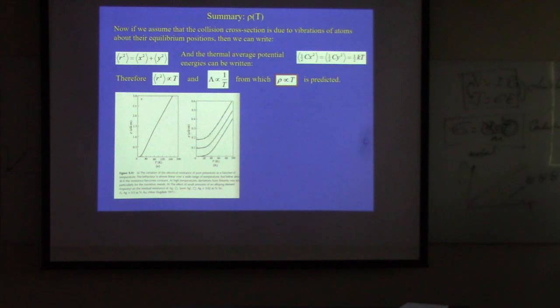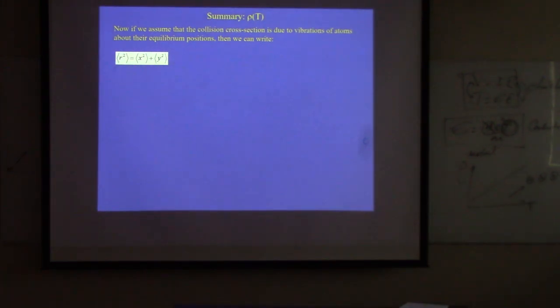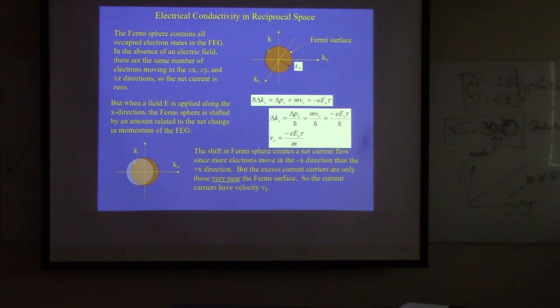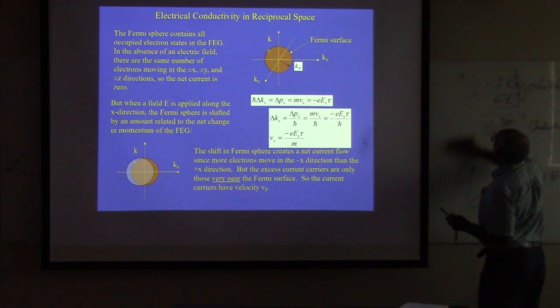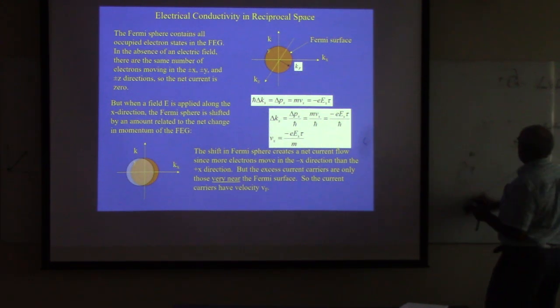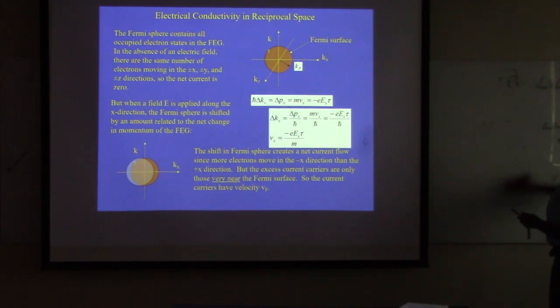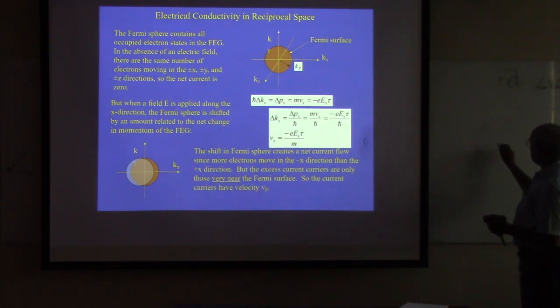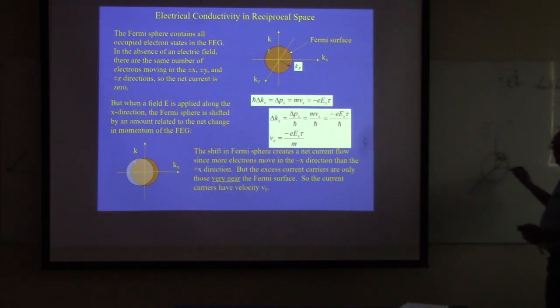Okay, so far we were talking about this electrical conduction in real space, right? Now let's look at what happens in the reciprocal space. If you think about the reciprocal space, what you have here is K space, right? You have this Kf, the Fermi vector. That means all the states here are occupied.